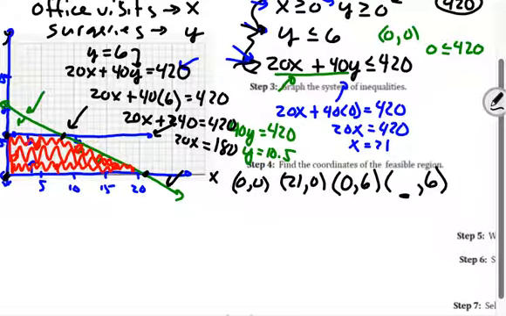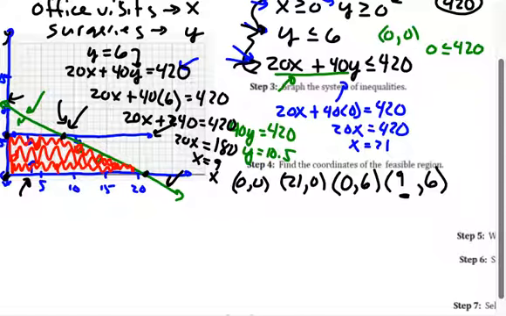And then divide both sides by 20, x equals 9. So 9, 6. Sometimes that point that's out in the feasible region, it's not on the x-axis or the y-axis. That point might be a little bit harder to find. You can use elimination or substitution with the two lines that form that point to find it.